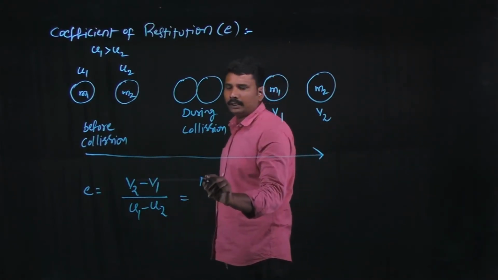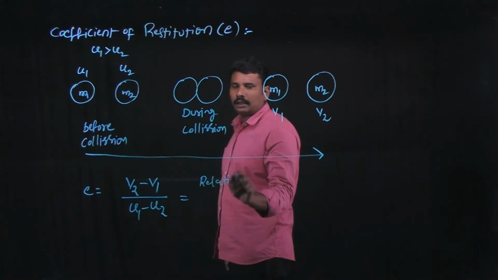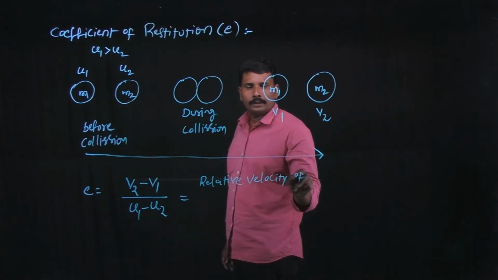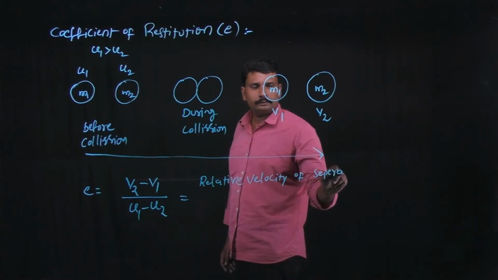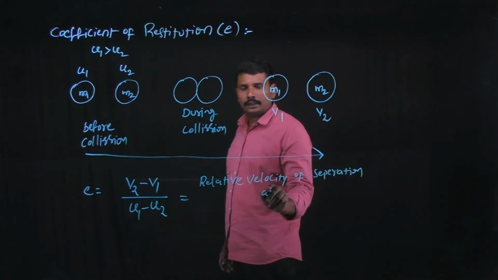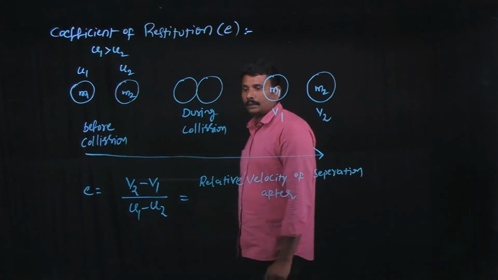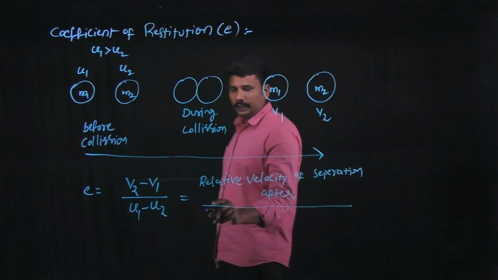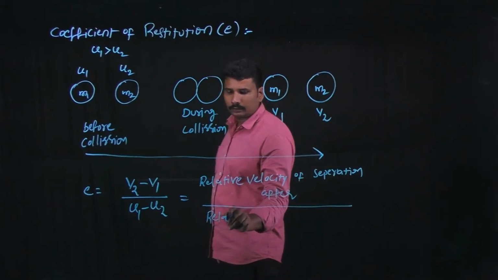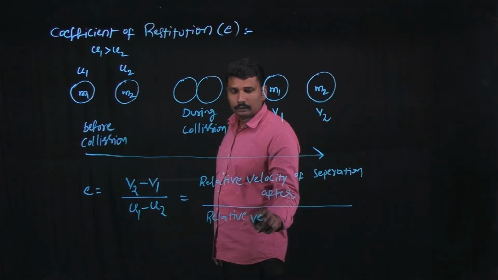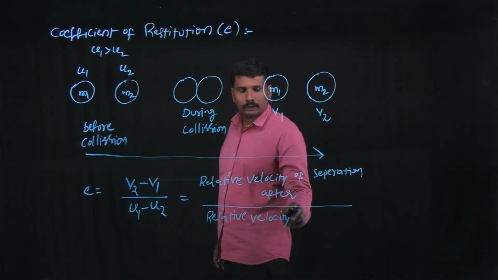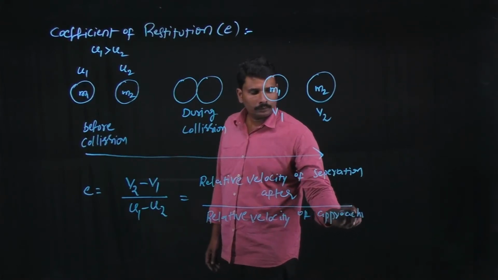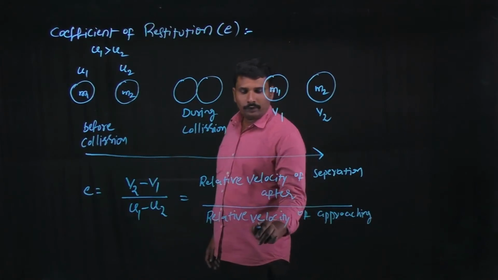Here v2 minus v1 is the relative velocity of separation after collision, by u1 minus u2, the relative velocity of approaching before collision.